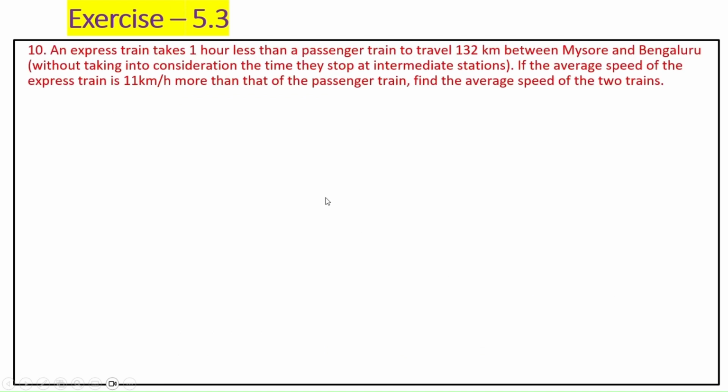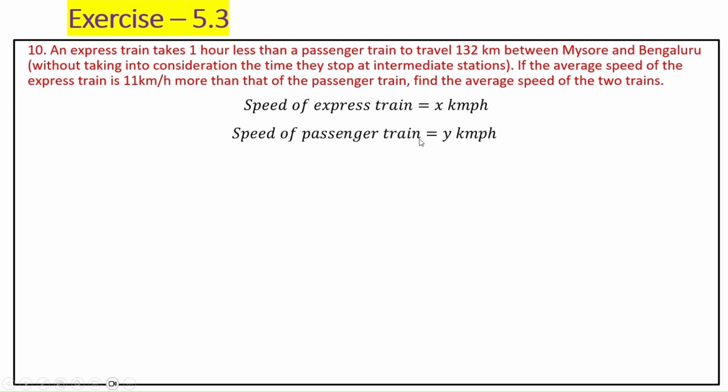Okay, read the question. Speed of the express train is x kilometers per hour. Speed of the passenger train is y kilometers per hour. Obviously, x is greater than y, so x - y = 11 kilometers per hour.